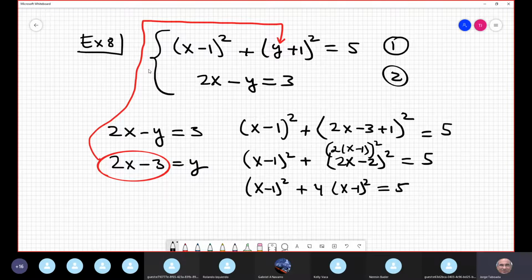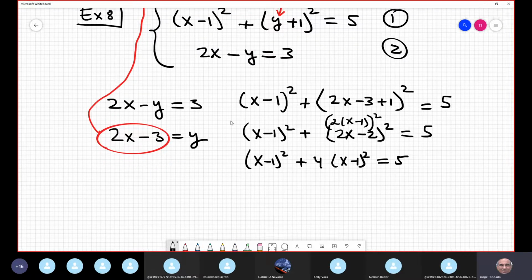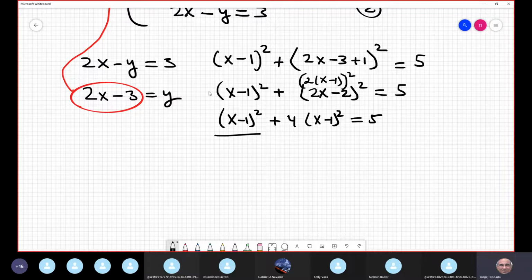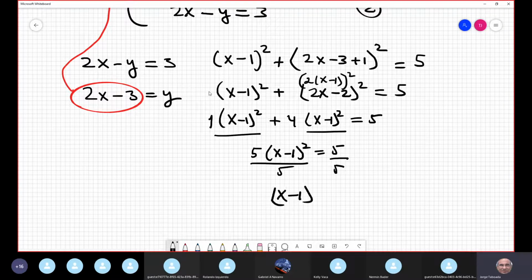And we combine like terms. This is a like term, the same variable, the same exponent, the same everything. And this is 1, and 1 plus 4 is 5. Divided by 5, (x minus 1) squared equal 1.